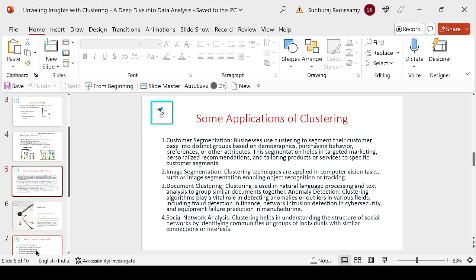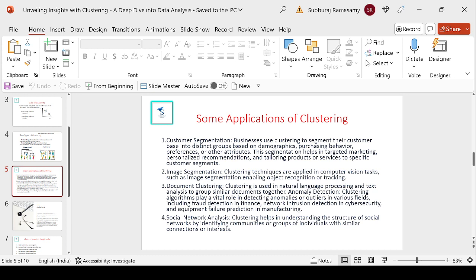The other important application of clustering is image segmentation. Clustering techniques are applied in computer vision tasks such as image recognition, like recognizing handwritten text, or even facial recognition.